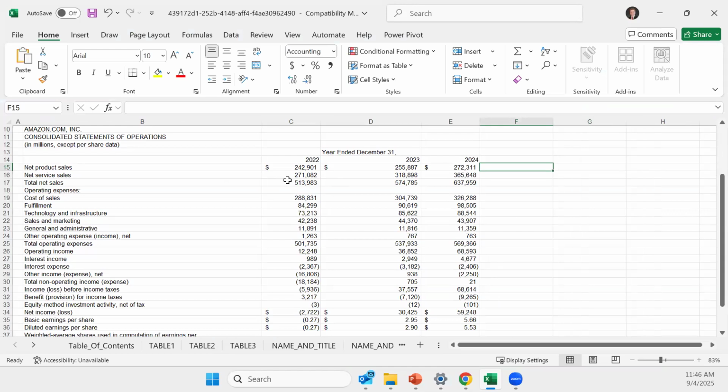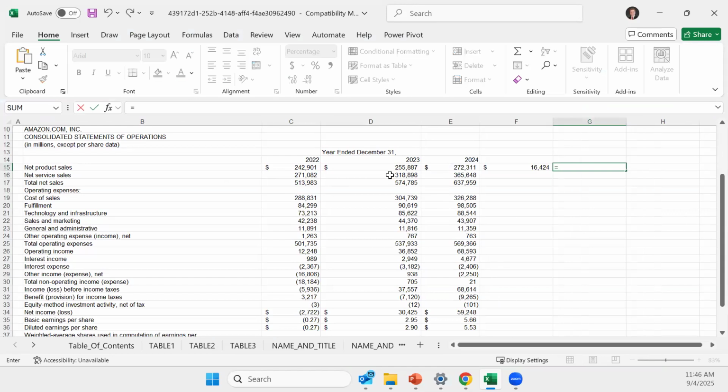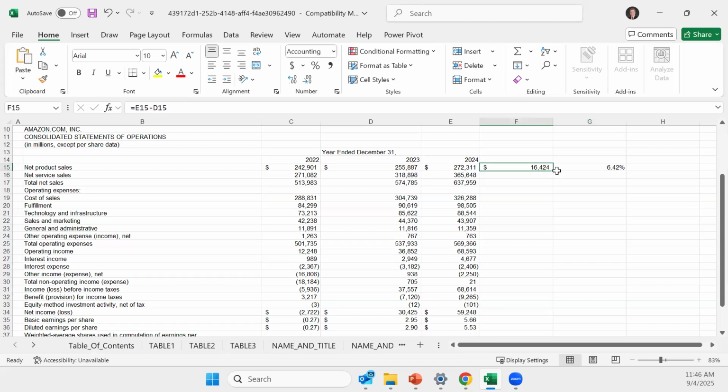So to compare between 2024 and 2023, we can subtract and then calculate the percentage by dividing the increase by last year's amount.